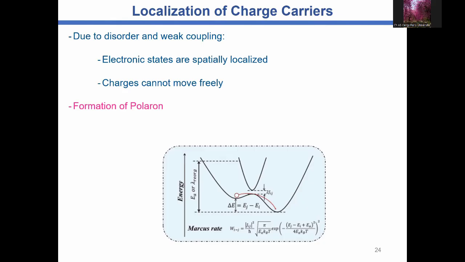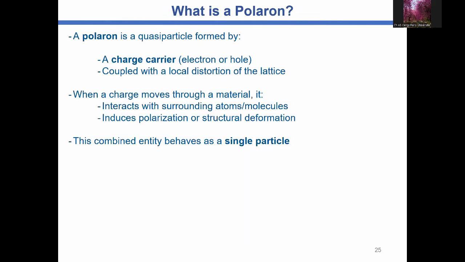So they created this quasi-particle, the polaron. So what is the polaron? It is a charge carrier, electron or hole, coupled to the lattice distortion.